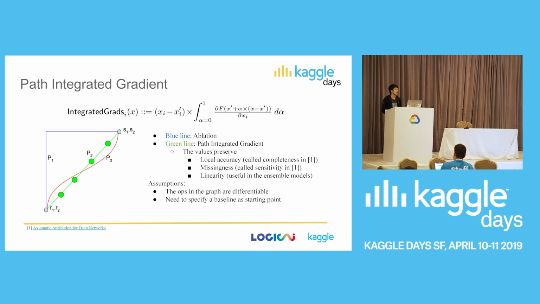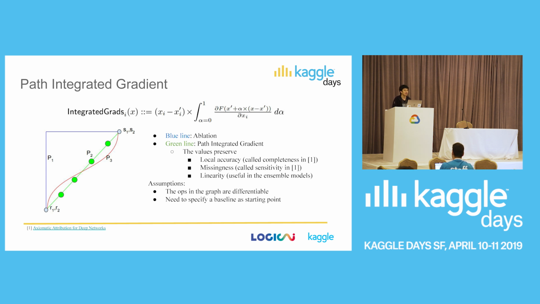So you need to know where to start in order to compute this path integrated gradient. And this is the theory for neural networks. This green dot just represents some numerical approximation scheme. You might do some numerical integration to compute the line integral.